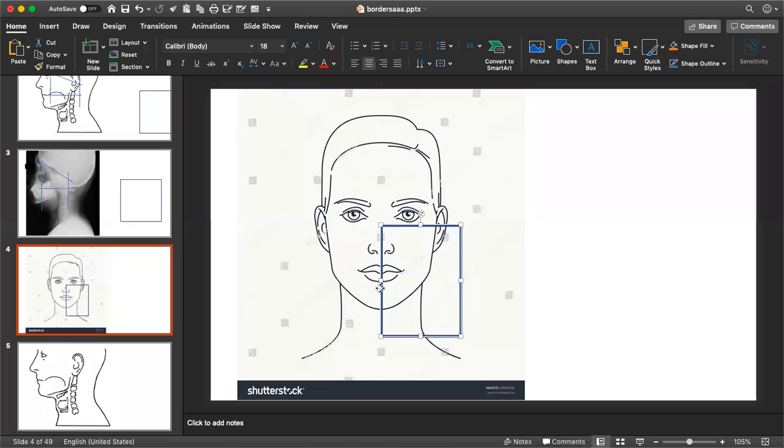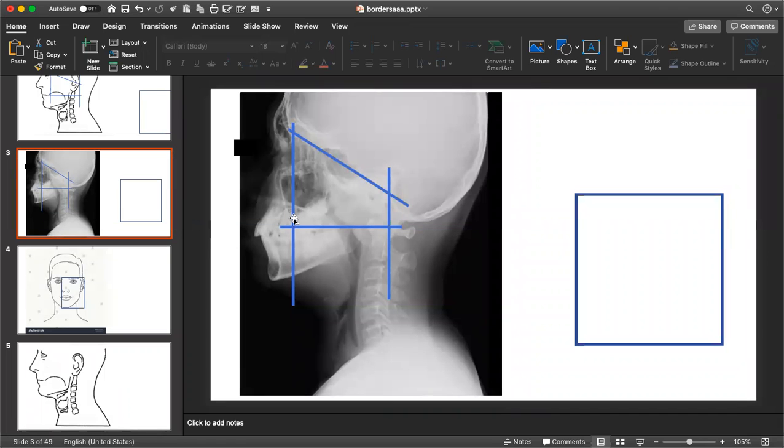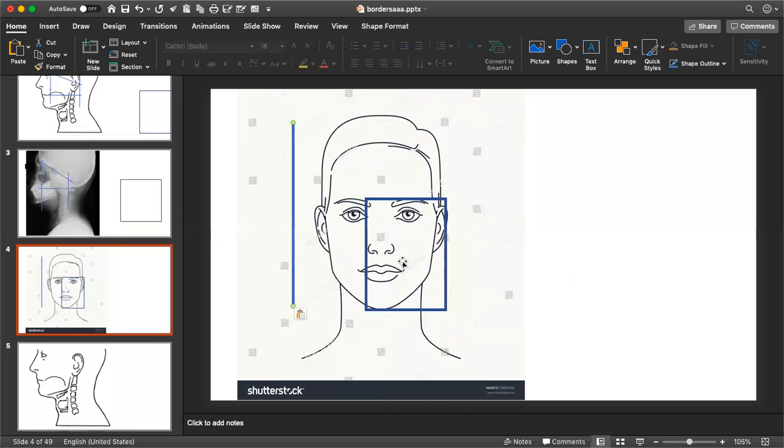Okay, so now coming to the anterior portal. Your anterior portal would depend on how much your orbit is involved. By and large, the superior border would be above the crista galli to encompass the entirety of the ethmoids.